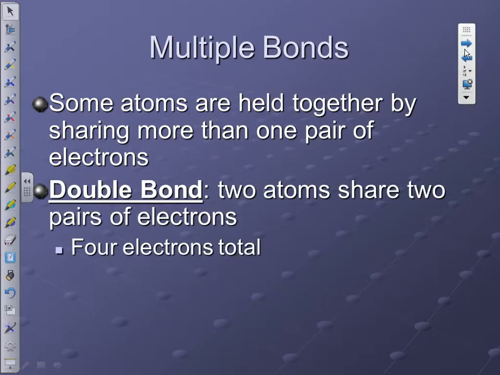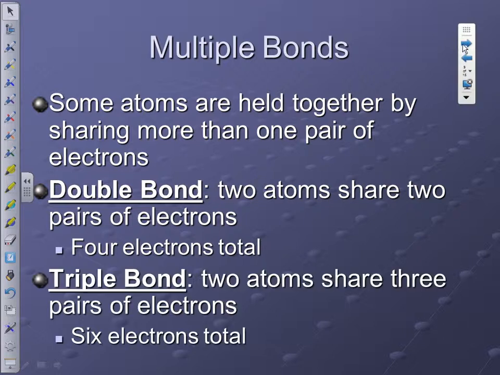That's going to be a double bond, where 2 atoms share 2 pairs of electrons. Any guess what we call the nitrogen? Triple. Nitrogen has a triple bond, where 2 atoms will share 3 pairs of electrons, or a total of 6.